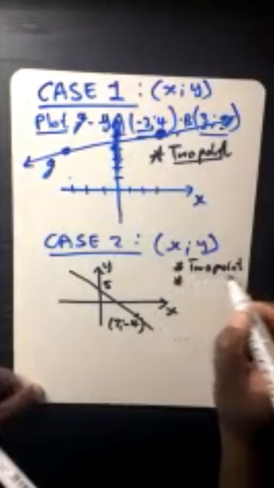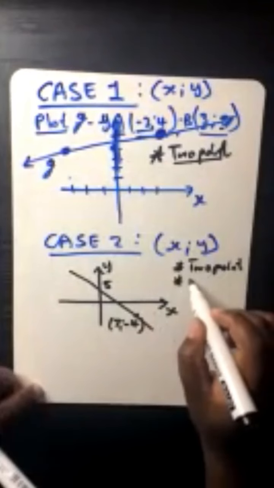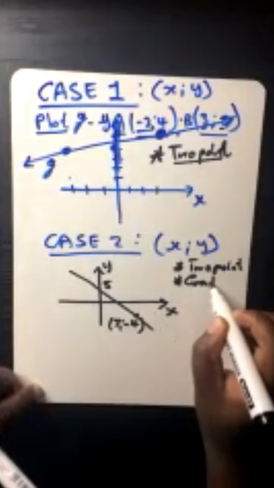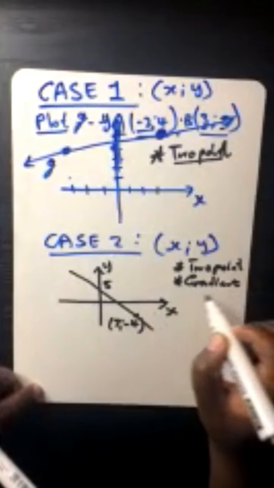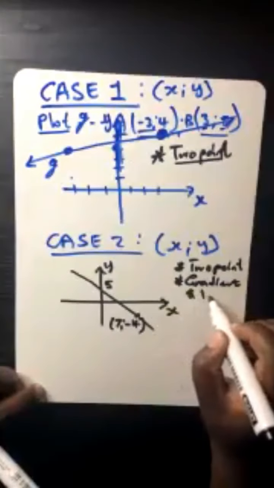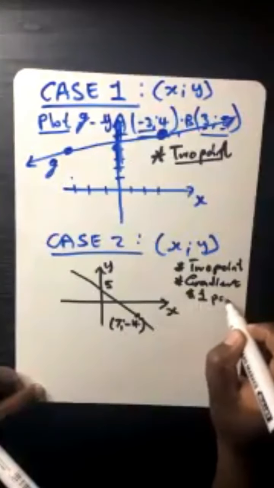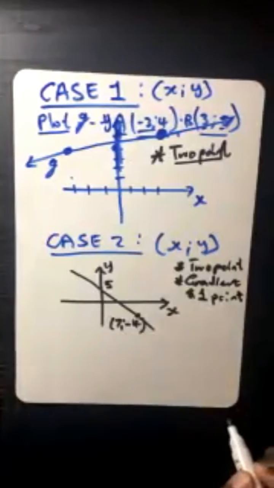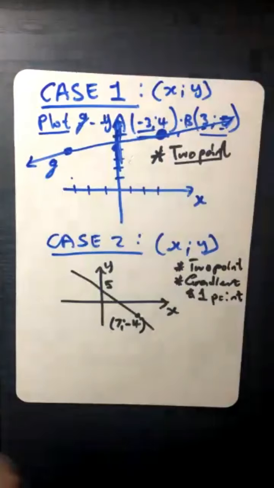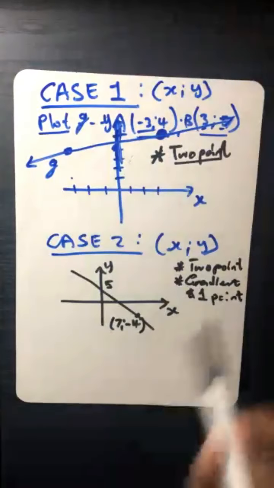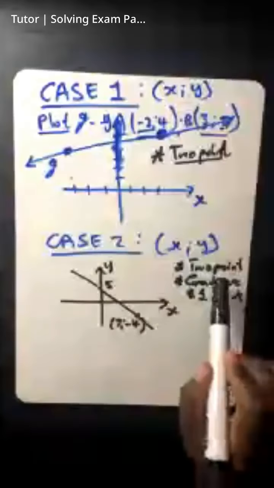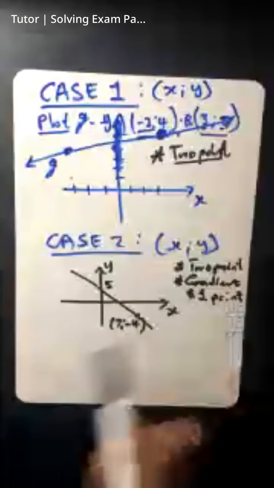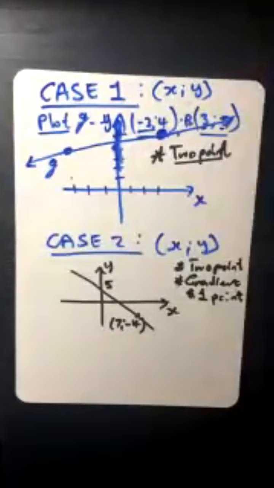If you do not have 2 points, you must have something else: either the gradient and just 1 point. So it's either they give you 2 points, or they give you 1 point, but they must also give you the gradient.